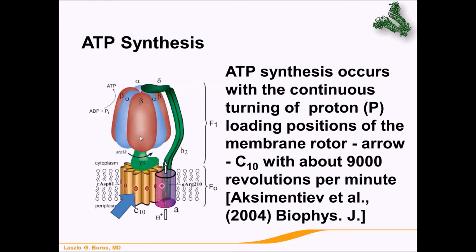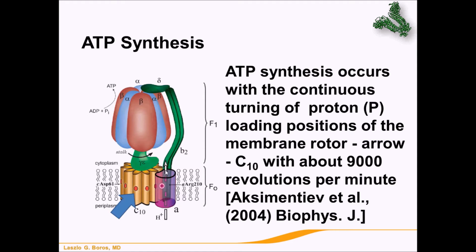But nevertheless, the process takes place in the mitochondria, and this is the inner membrane. Protons or hydrogen ions are carried through this short tube to the rotating part, which is called C10. Protons, one by one, get attached to the rotating protein's asparagine residue, which is called Asp61.